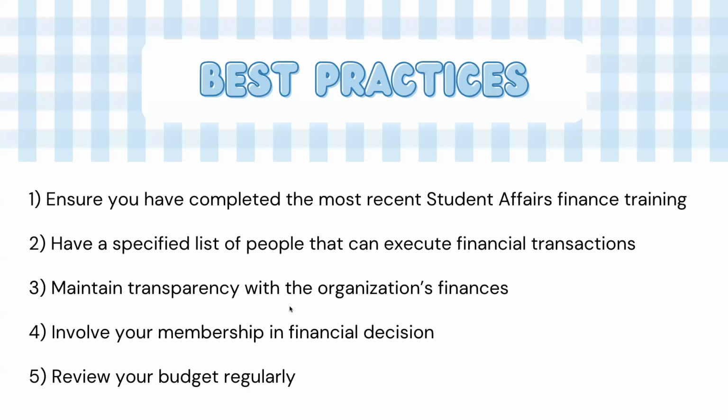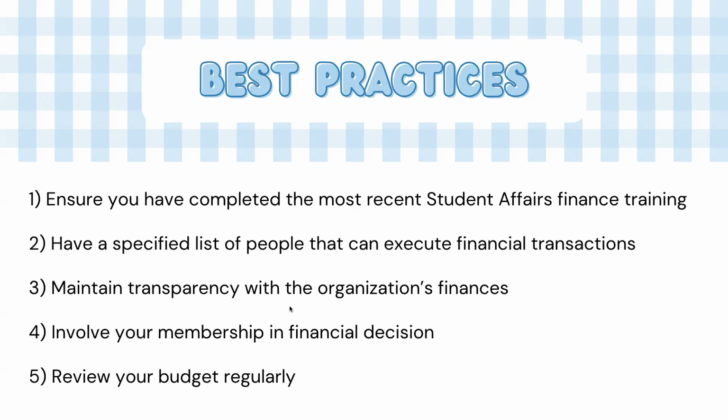Third best practice, maintain transparency of your organization's finances. One of the things that we believe in and really encourage folks to do is to let even your general members in on what your finances are and what you're working with, because they are probably contributing to that. Whether that is financially by giving money, or helping with fundraisers, or if they are the people on the front lines of hosting your meetings, or being at your events.